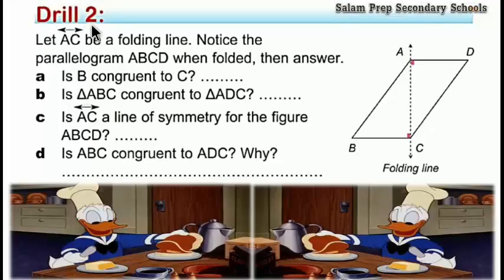Drill 2. Let straight line AC be a folding line.